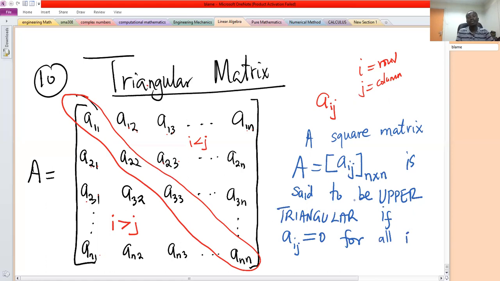Now, upper triangular means everything below the main diagonal is 0.